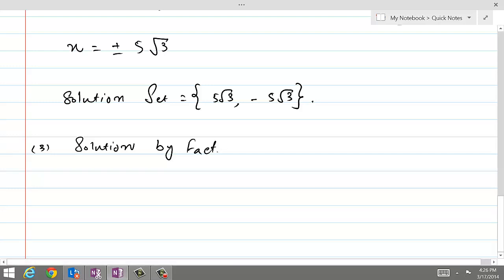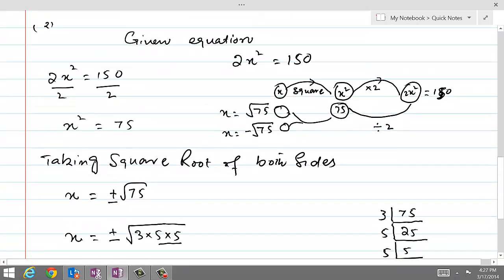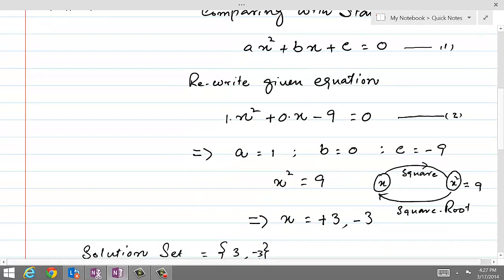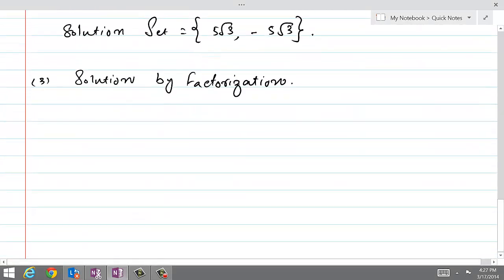So solution by factorization, and we will discuss it in full detail in the next tutorial. But just for introduction, we have a question here which says z times 2z plus 3 is equal to 0.